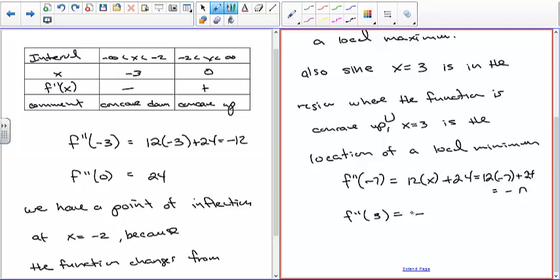And then if you evaluate the second derivative at x equals 3, you'll get 36 plus 24, which is 60. So it's positive, which means concave up. Okay, so either way. Okay, so that was number 3.